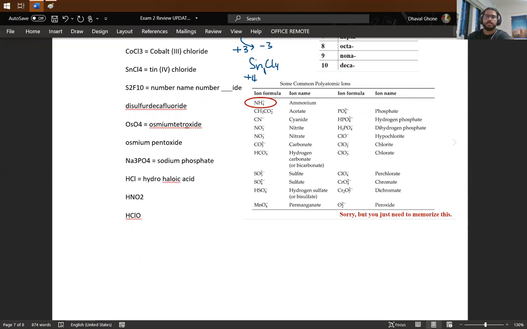Halo means what halogen you're using. So for this one, it would be hydrochloric acid. Okay. Same can be for HBr, hydrobromic acid. HI would be hydroiodic acid. Okay. HF would be hydrofluoric acid.